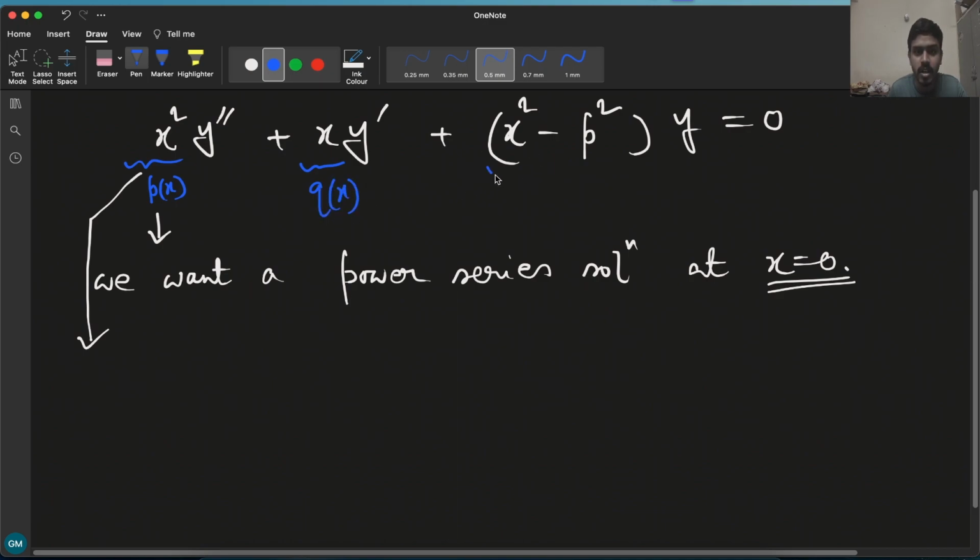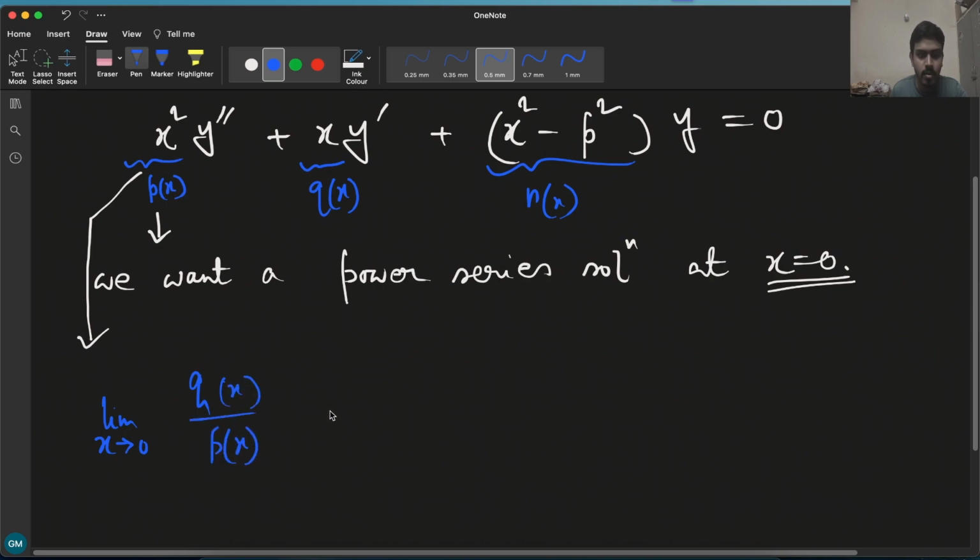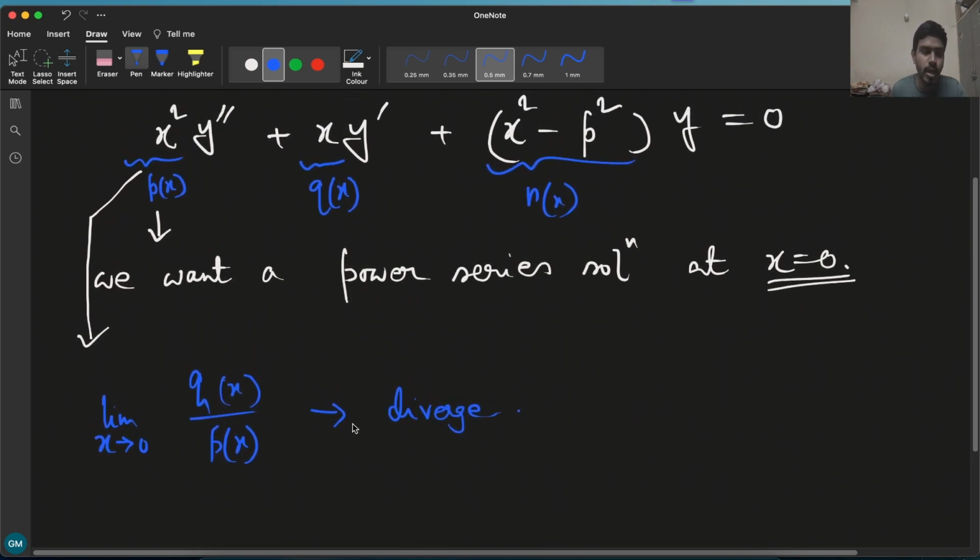So Q(x), and let's call it R(x), and you can see that limit x tends to 0, Q(x) by P(x) will diverge. So x equals to 0 is not an ordinary point.